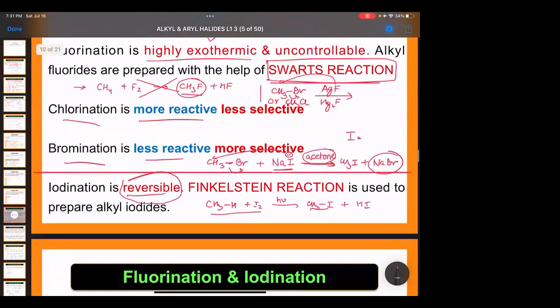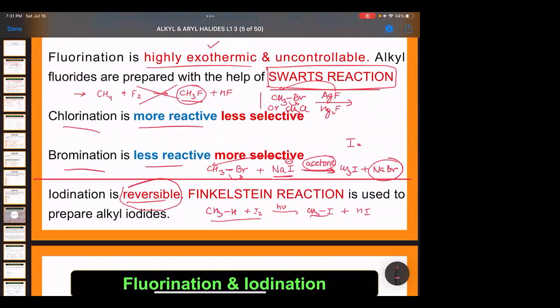So the same way we can explain this statement. Chlorine is very reactive. It can attach itself to any carbon and remove any hydrogen in the given alkane. Whatever the alkane is, you can put chlorine anywhere. But bromine is less reactive.